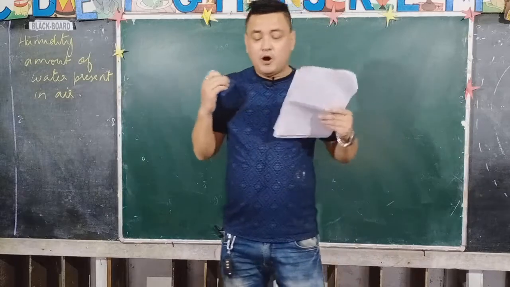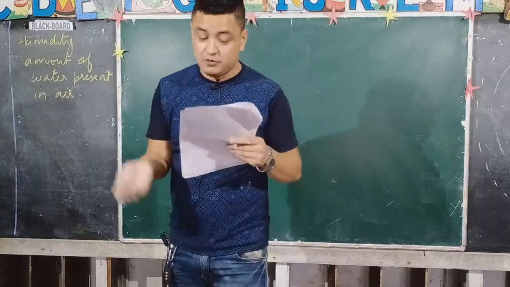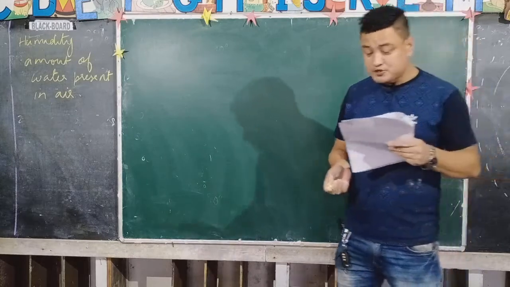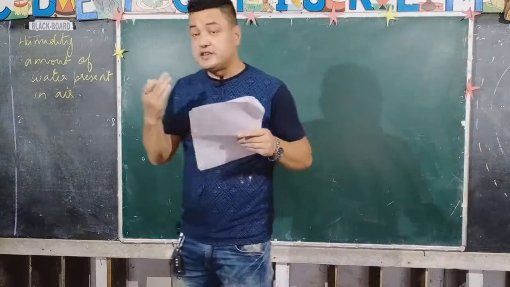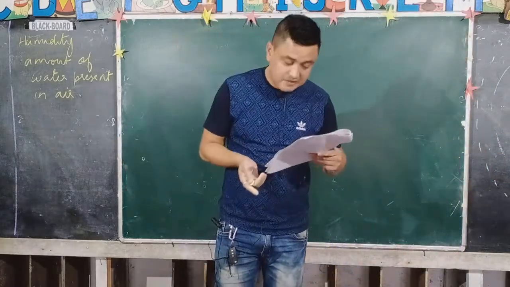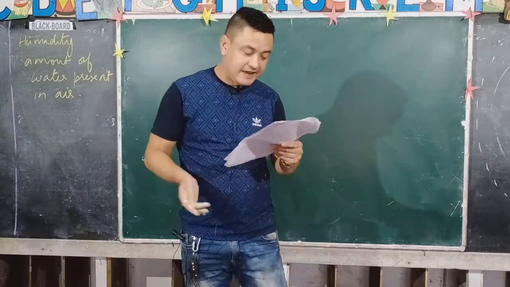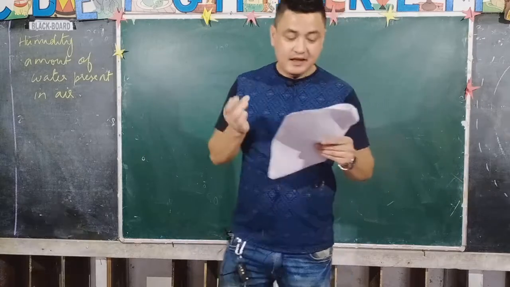Now, how does our atmosphere become humid? Due to evaporation, moisture or water in the air develops. Evaporation of what? Water bodies like seas, rivers and lakes.